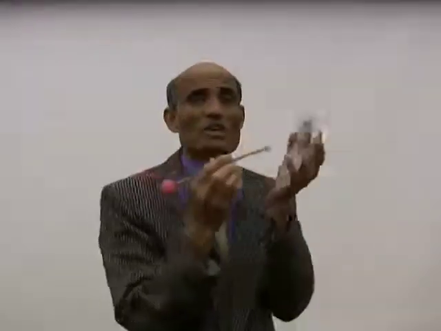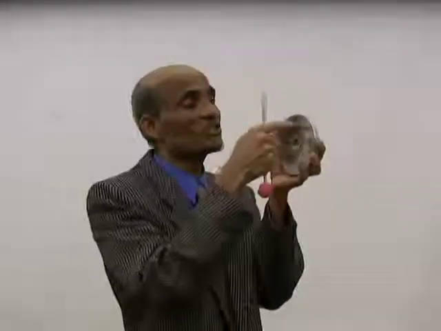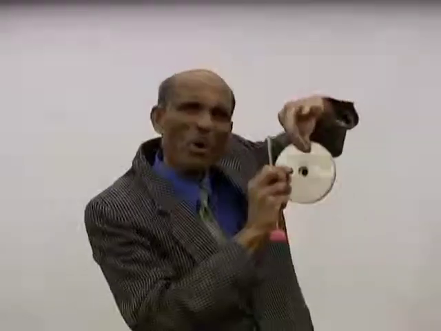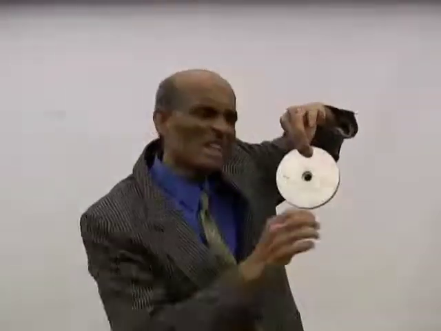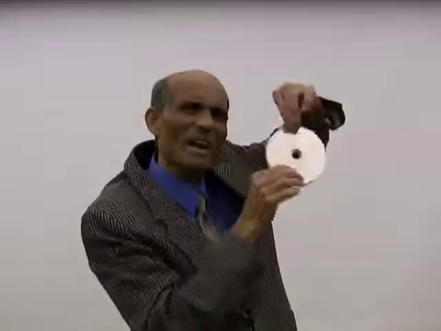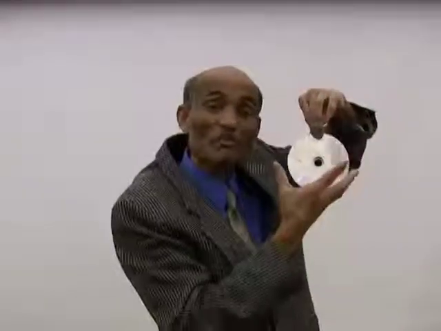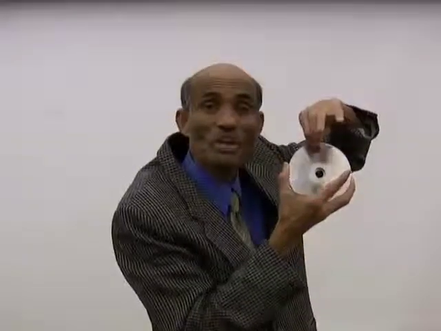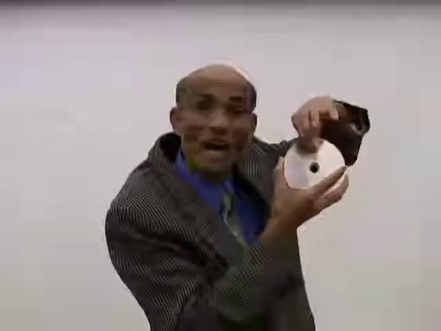Now, can you imagine if I want to rotate this disk about an axis passing through here? Well, I'm going to hold it there, and see how difficult it is for me to rotate it about that axis. That means this disk has a much greater moment of inertia about this axis.